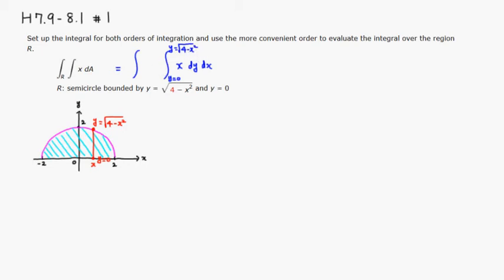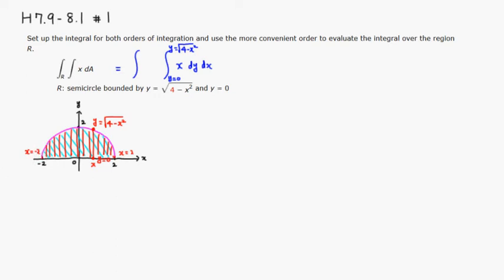Then in order to cover the entire region, it's going to start from negative 2 and go all the way to x equals 2. So here's x equals 2 and x equals negative 2.